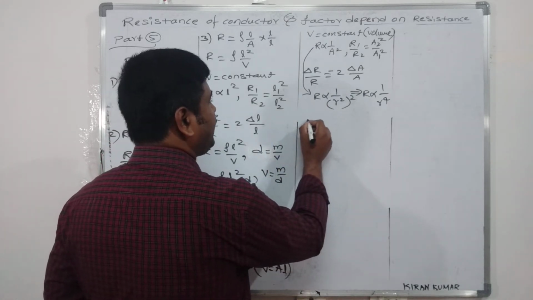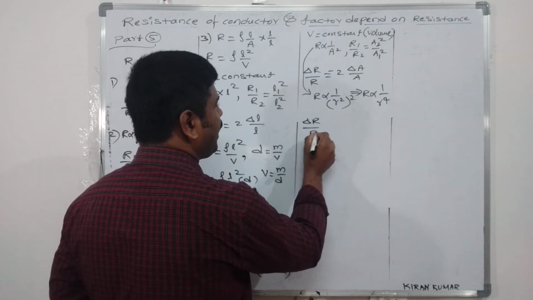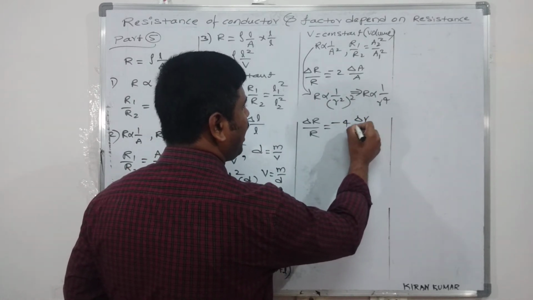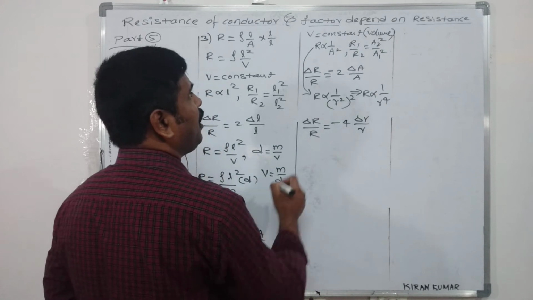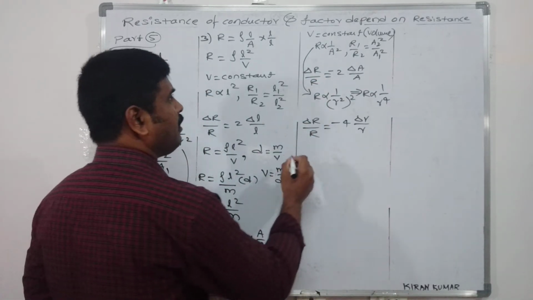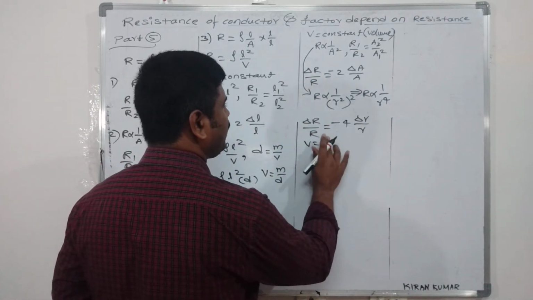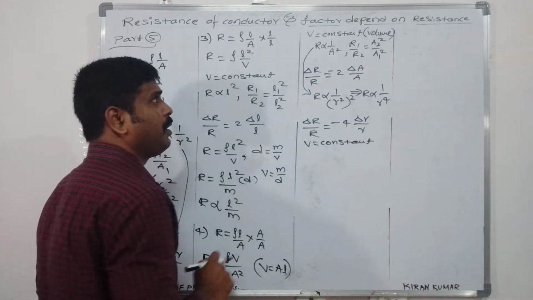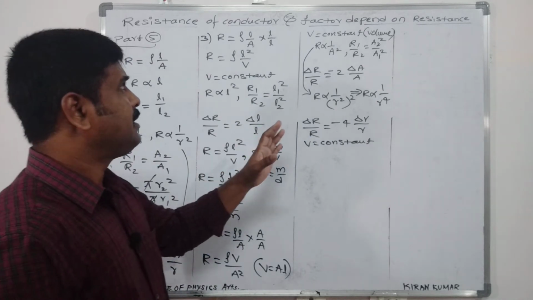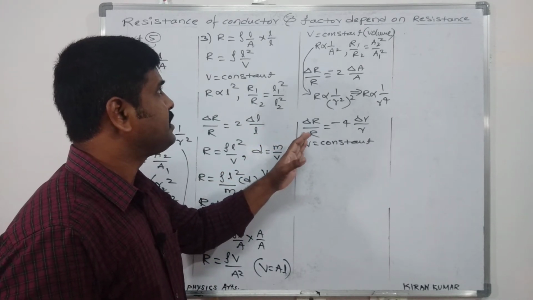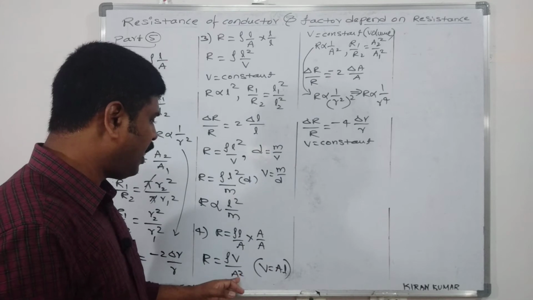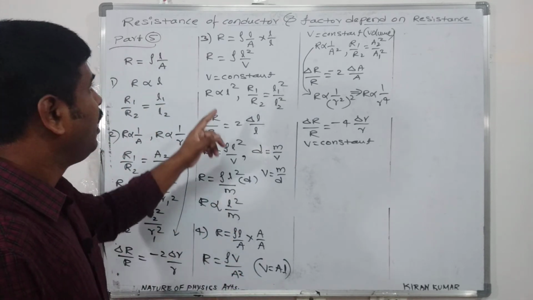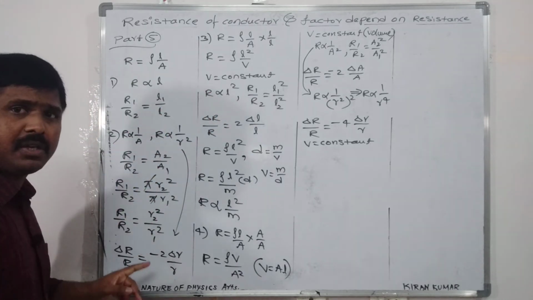Now delta R divided by R is equal to minus 4 delta r divided by r, where volume is constant. Already I gave you, I wrote there. So this is the relation. Resistance is inversely proportional to the area square, where volume is constant. Here direct relation.